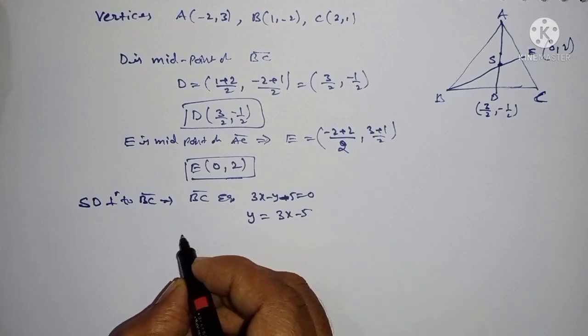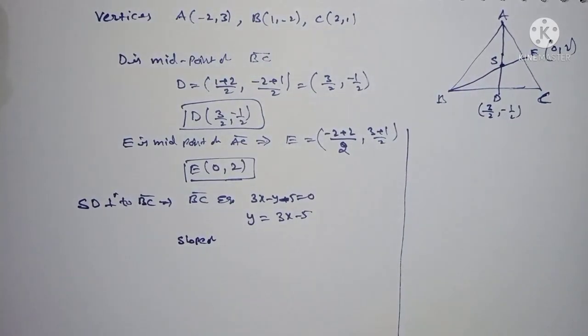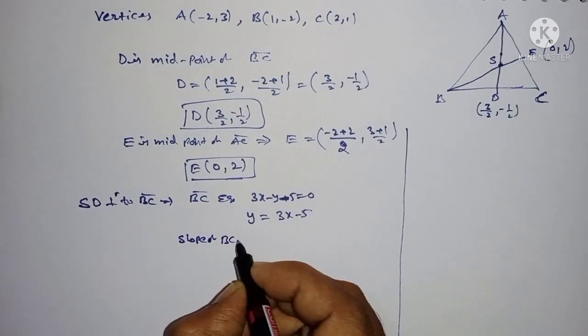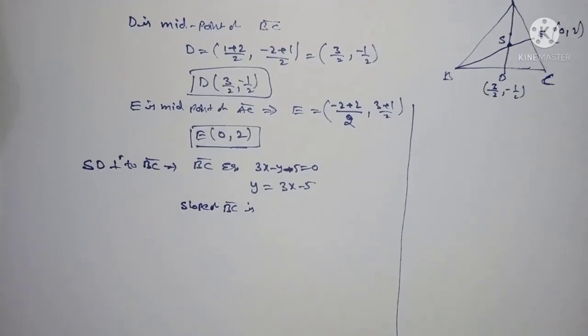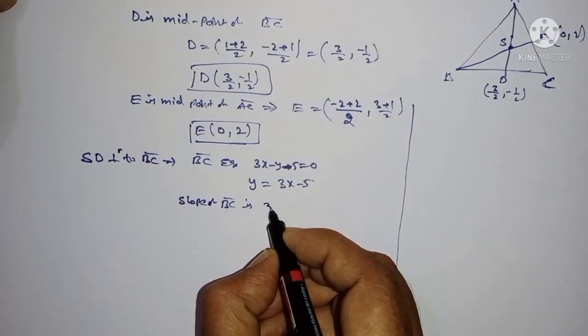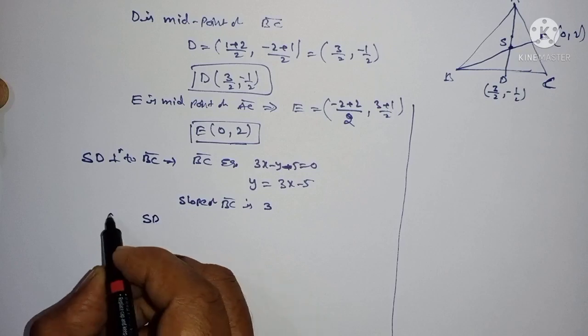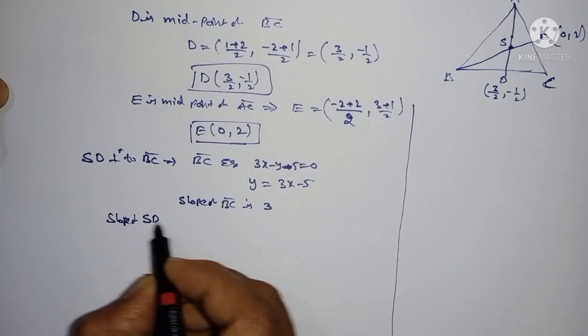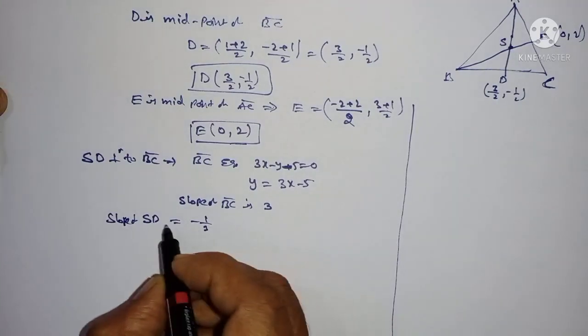Therefore, slope of BC is equal to 3. SD is perpendicular to BC means, SD slope, tell me. Slope of SD is equal to minus 1 by 3.